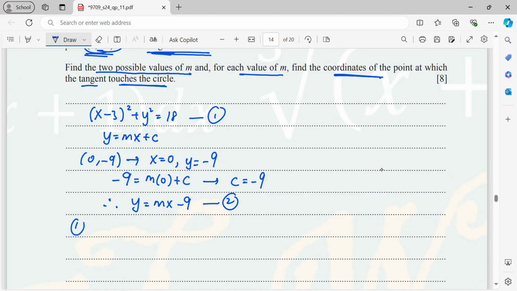Okay, so substitute second into first. When I solve the simultaneous equation, replace the y. Therefore, you will be getting (x minus 3) squared plus (mx minus 9), then square, that is my y squared, that equals to 18. And now here I need to do expansion.